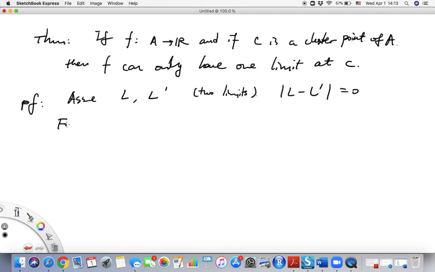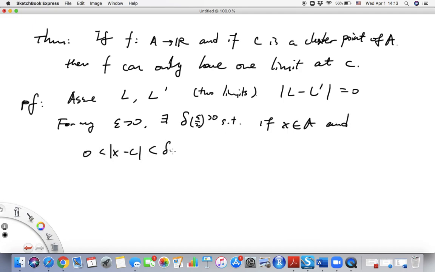Okay, so for any epsilon greater than 0, there exists a delta, and we emphasize that this delta depends on epsilon. So let me just write delta of epsilon over 2 greater than 0, such that if x is in A and 0 less than |x minus c| less than delta of epsilon over 2, then |f of x minus L| is less than epsilon over 2.